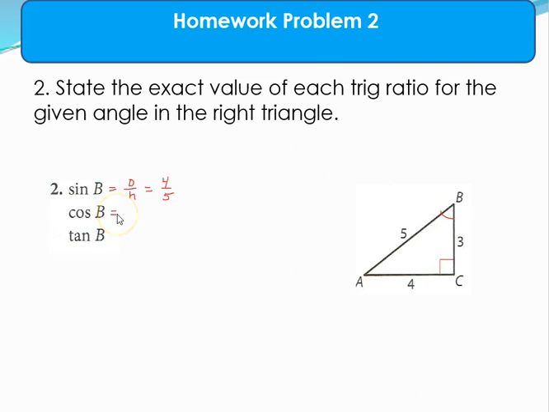Cosine will be adjacent over hypotenuse, and that will be 3 over 5. And then our tan will be opposite over adjacent. So tan of angle B will be opposite 4 over adjacent, which is 3.